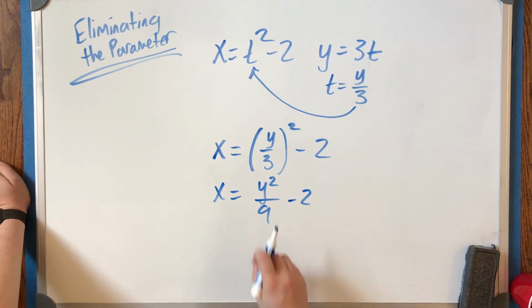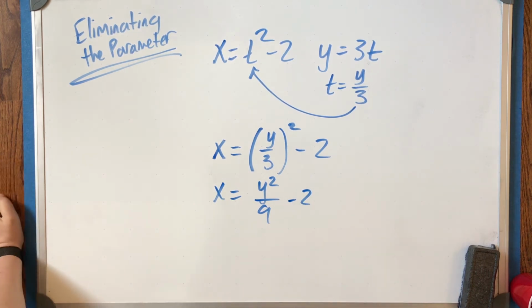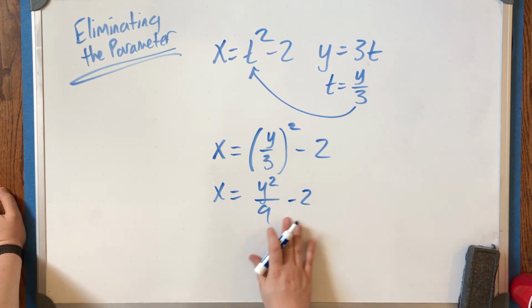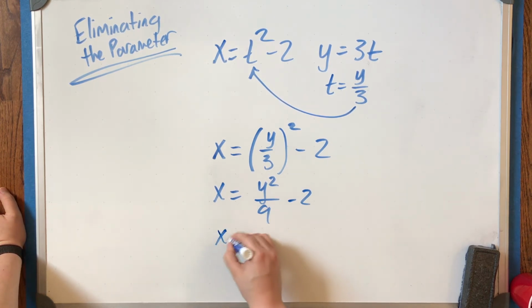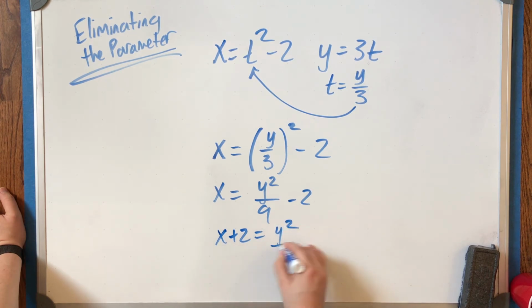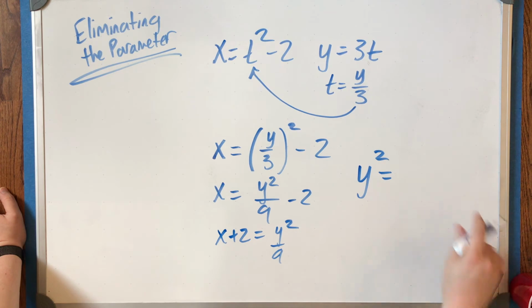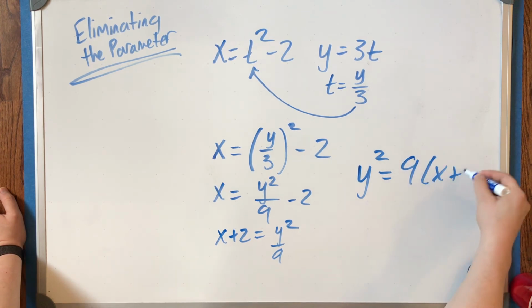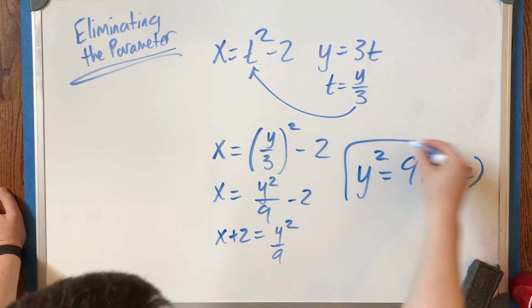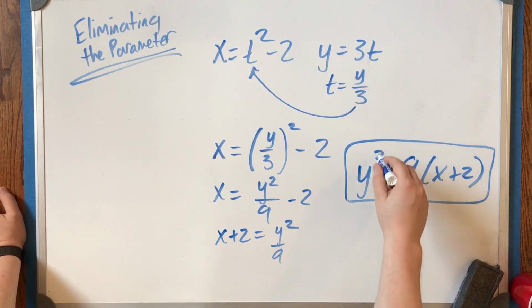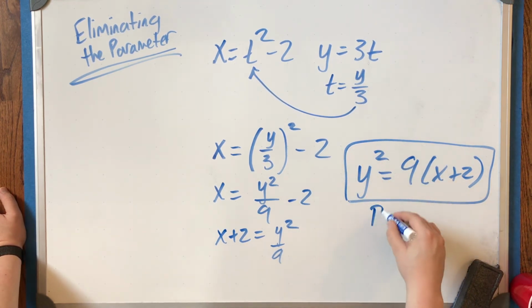And I think we could actually keep going, because I don't know if a lot of you would recognize what this equation is yet. So I'm going to add the 2 to the other side. So I'll get x plus 2 equals y squared over 9, and then multiply by 9. So I'll get y squared equals 9 times (x plus 2). And that's good enough for us, because I can now recognize this is going to be a conic section, a parabola.